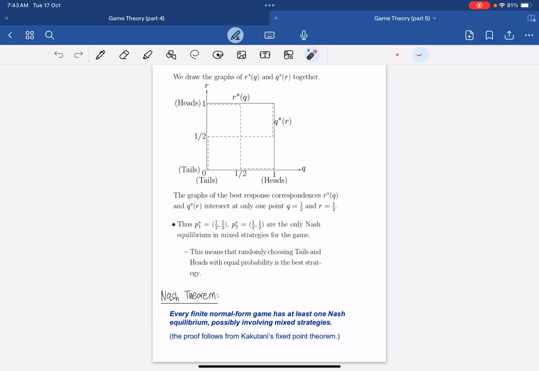And the Nash equilibrium is always the intersection of best response functions, which only happens at half. So in this case, Q is half and R is half. So the strategy to play is half-half. That means that both players can be randomly choosing tails and heads with equal probability as the best strategy.